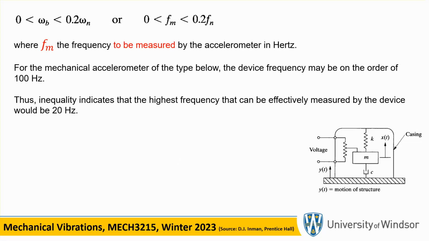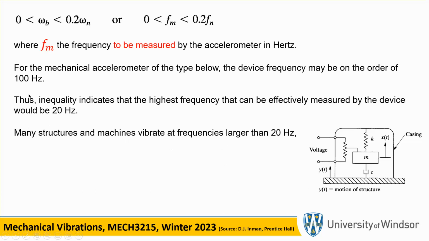Generally speaking, in many situations the frequency of the motion of that gadget, or the ground for example, is bigger than 20 hertz. This is why these classical accelerometers are no longer in use the way you're seeing it. You can do okay with it measuring acceleration of base vibration if the frequency is less than 20 hertz.